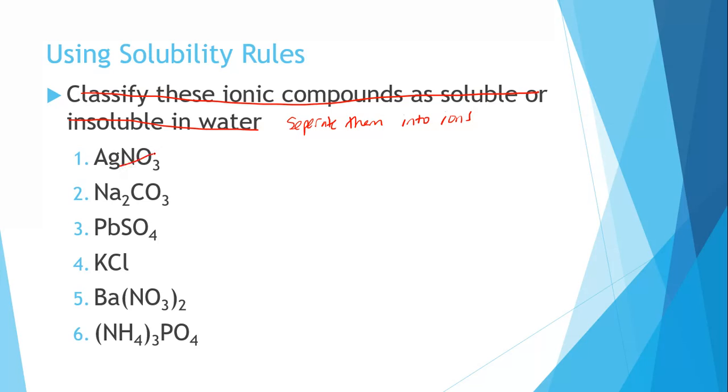Here, we're going to uncross these charges. Ag+1, NO3 negative 1. When I go to check these, this one's good. And then this one is also on my polyatomic chart, so I am good on that one. When I look at number 2, if I uncross them, we get Na+1, CO3, because remember that 3 has to stay there.